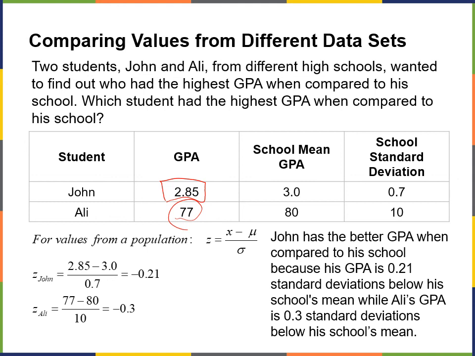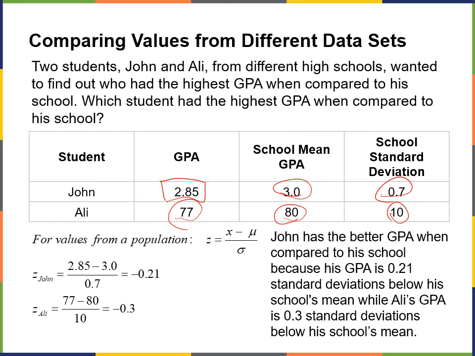You might say, just looking at those two numbers, Allie has the higher GPA, right? But that's not necessarily accurate. Whose GPA is highest relative to the GPA scale at their school? The average GPA for John's school is 3, and the standard deviation is 7. Allie's average GPA is an 80, and the standard deviation is 10.